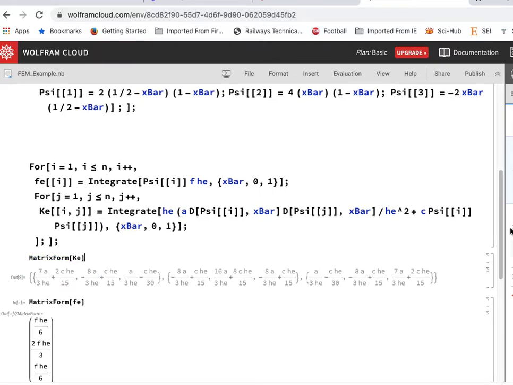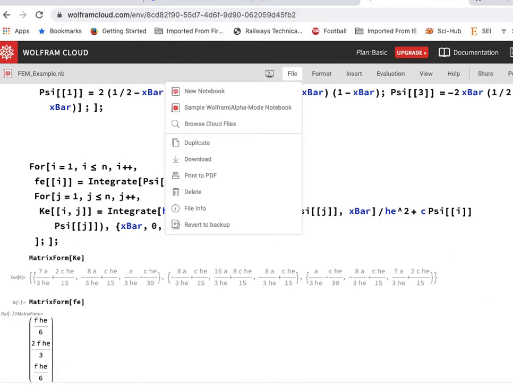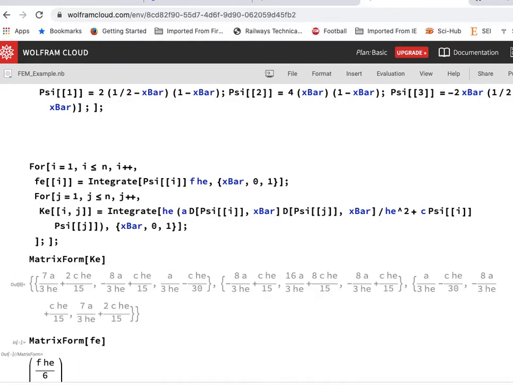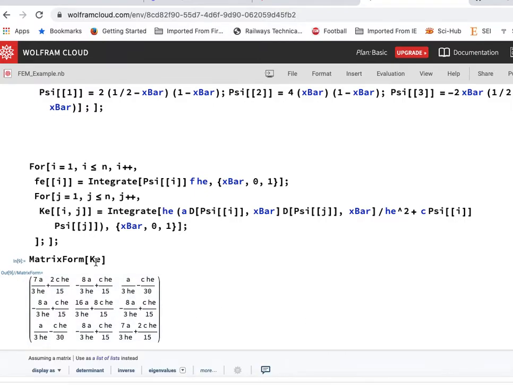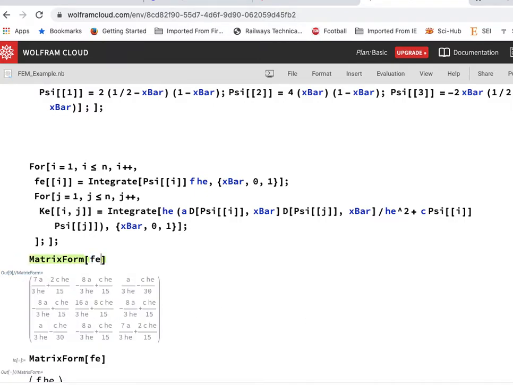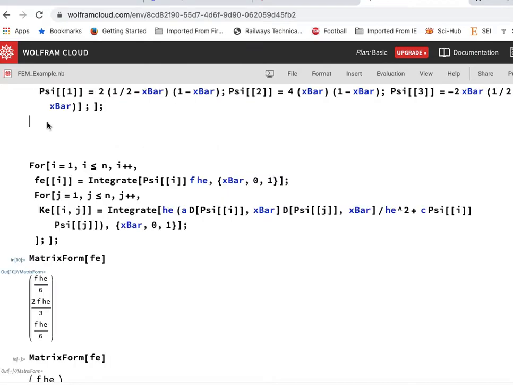Let me increase the font size. Now you see you get the analytical form for Ke, and similarly you can get the analytical form for Fe.